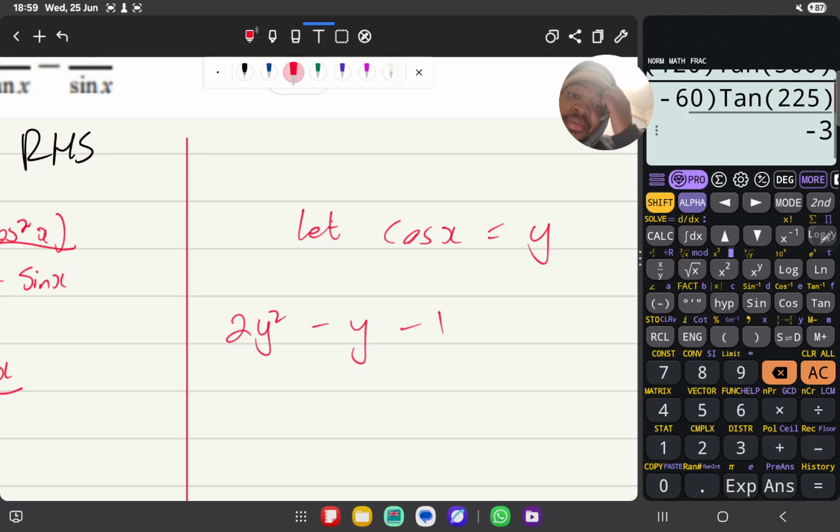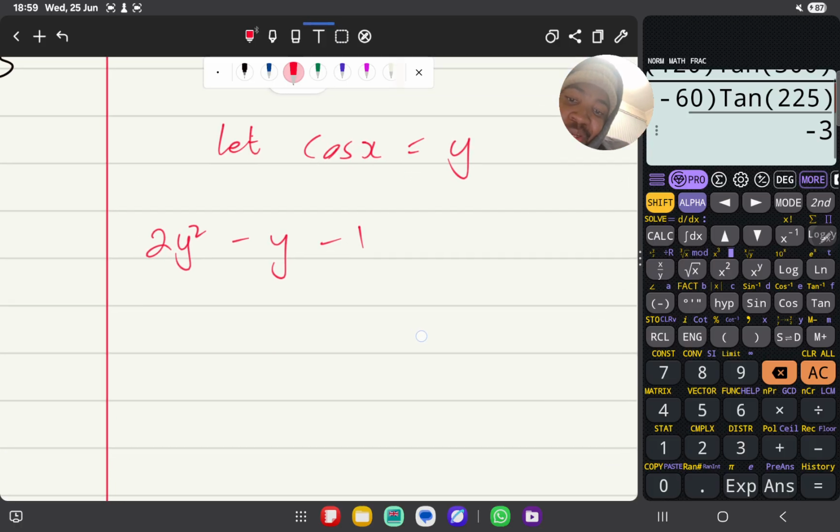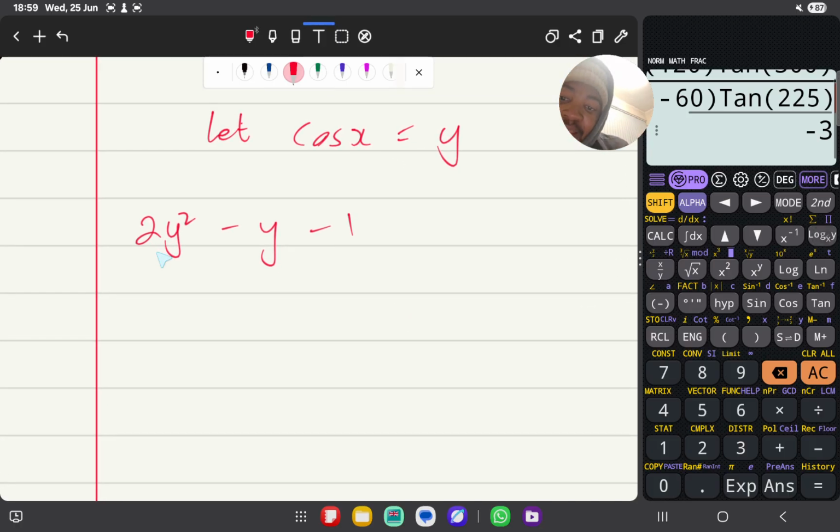Now there is a method that I taught you when we talked about factorization: when you can't picture how to factorize, you multiply the coefficient of y squared by the constant.